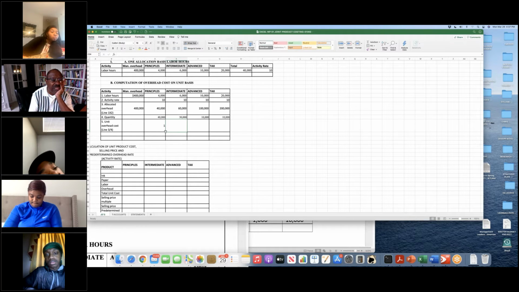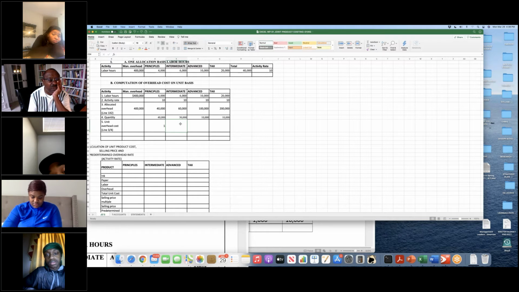So theoretically, we should be able to drag this over, but it's not doing it. So let's just undo that. That's kind of the way, because they're not equal, so it's not letting it drag over.